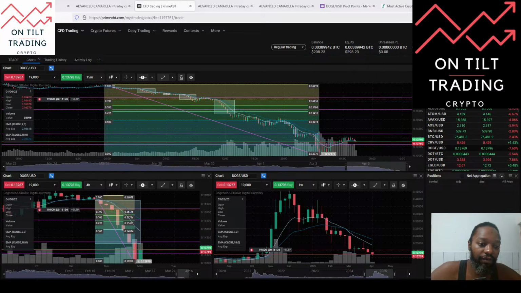Again, a sell-off here through this S4 Camarilla pivot level. And we can see a similar thing that we saw on Ripple, which was a failure up here above the R4 level, and then a sell-off through the S4 level.